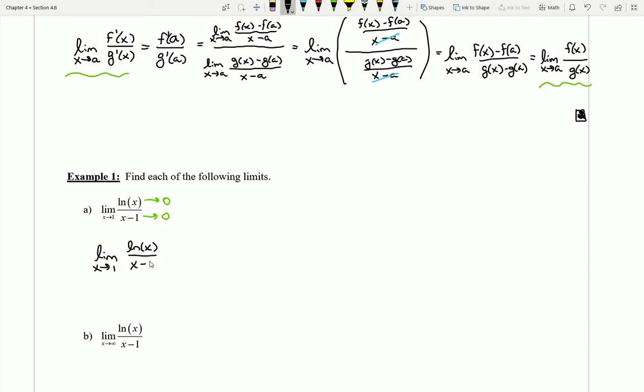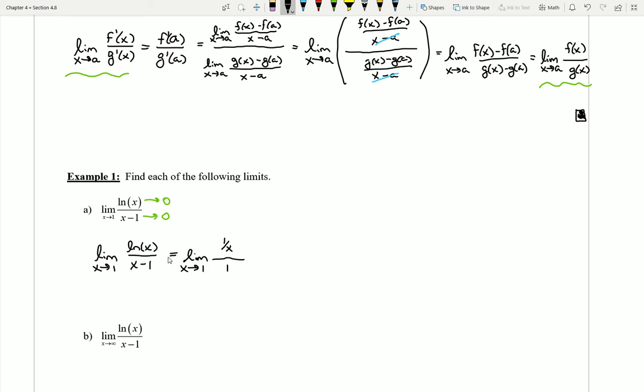Remember that L'Hopital's rule states that the limit that we want to calculate is equal to another limit where x is still approaching the same value, but we would just end up having to take the derivative of the numerator and the derivative of the denominator separately and place them back in the numerator and denominator of our new fraction. So the derivative of our natural log of x function would just be 1 over x. And the derivative of our polynomial function would be 1 minus 0, or just 1.